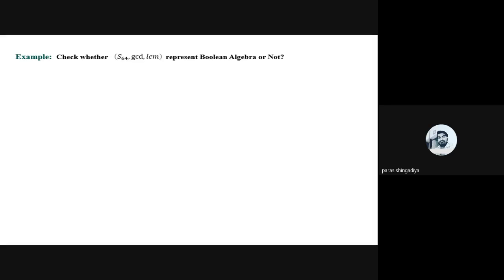First you have to try it for a lattice, meaning first prove it is a lattice. S64 with GCD and LCM is a lattice, and it is clearly a lattice. That means we can easily prove commutative, associative, and absorption laws.